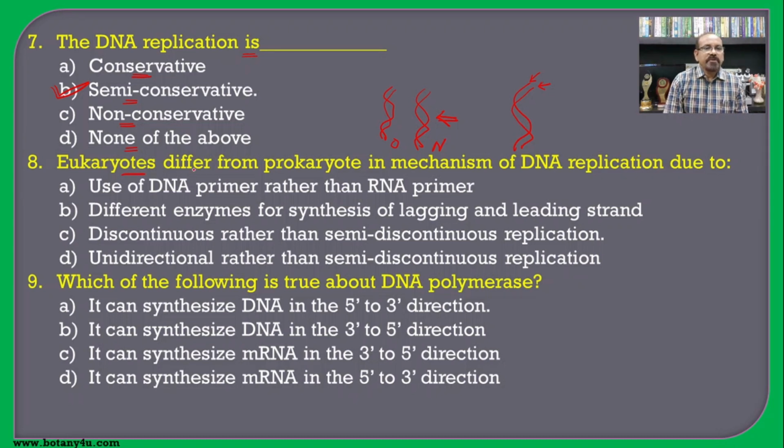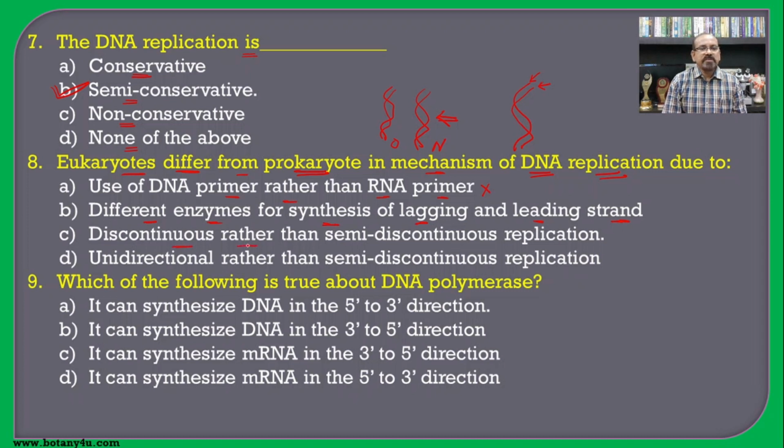So it is the correct answer. Then, eukaryotes differ from prokaryotes in the mechanism of DNA replication due to: the use of primer rather than RNA primer? This is not the difference between prokaryotic and eukaryotic DNA replication. Different enzymes for the synthesis of lagging and leading strand?